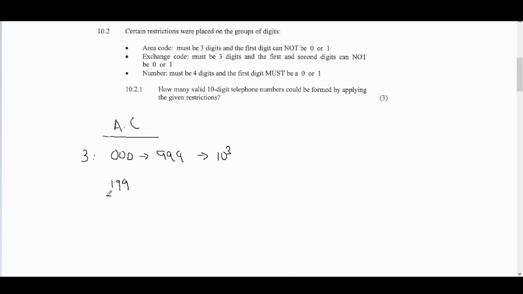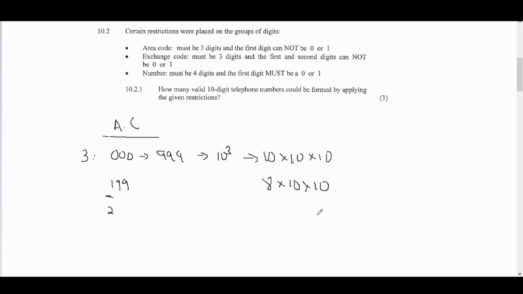It continues from 2 onwards, so the second and third digits are the usual 10 options, but the first digit is 10 minus 2, which is just 8. Where this is normally 10 multiplied by 10 multiplied by 10, because we are applying the restriction it will instead be 8 multiplied by 10 multiplied by 10.